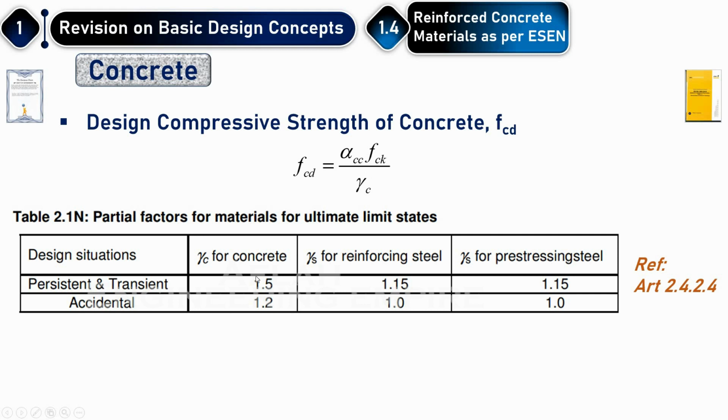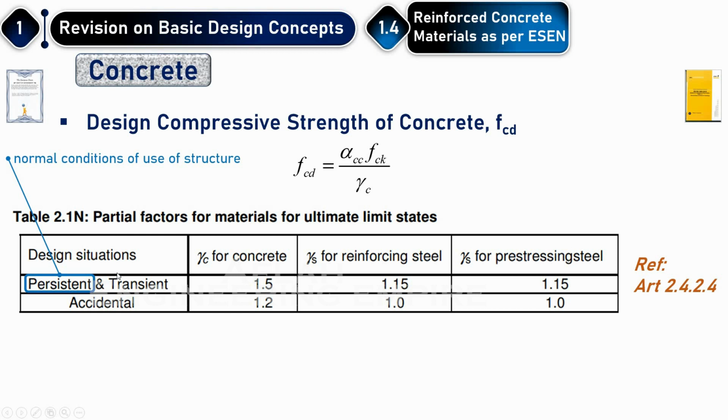Okay, for these two situations, that is persistent and transient situation. What's a persistent situation? It is the normal use of the structure, whether it is a school, a hospital, or another complex structure. The normal use of the concrete is considered a persistent condition.